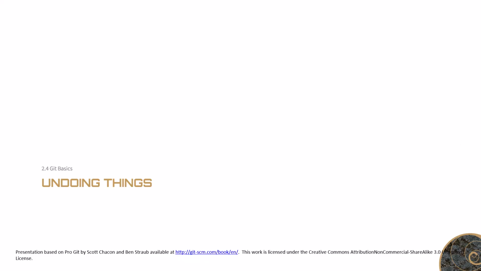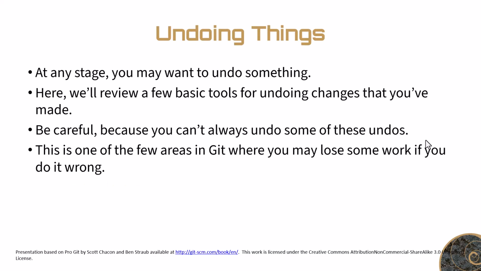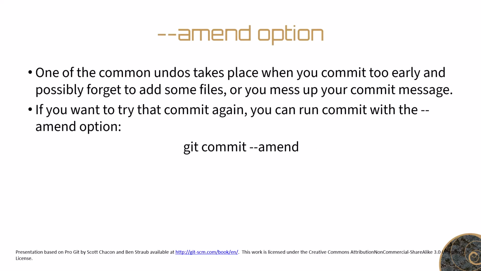Periodically, you might want to undo things. So there's a few basic tools. You can't always undo things, so this gets kind of messy sometimes. And so the first thing we'll look at is the amend option. This takes your staging area and uses it for the commit.